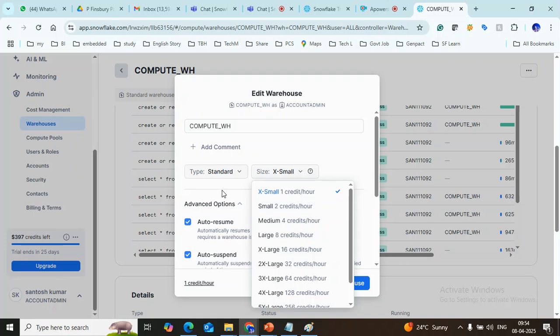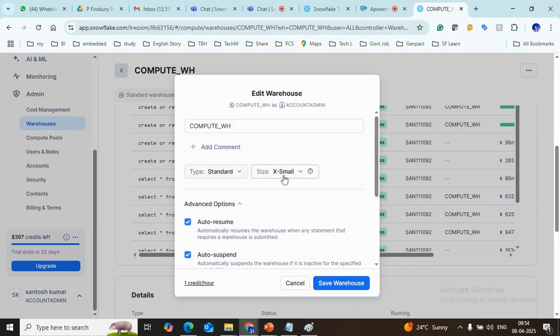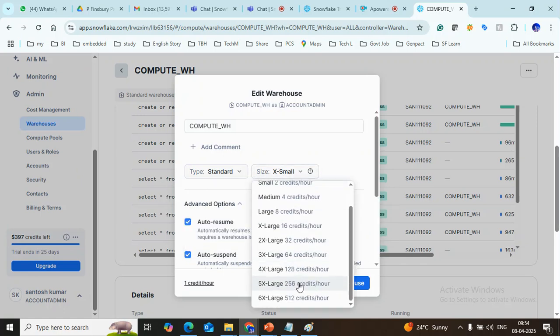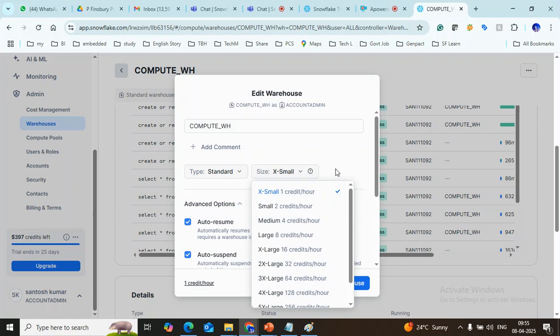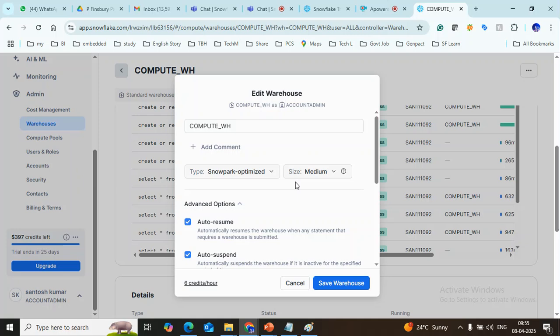Okay. So I mentioned there are two types of warehouses: standard and Snowpark optimized, and sizes range from extra small to 6XL. For Snowpark, if you see, it starts from medium, not from extra small or small. By default the minimum is medium, because it needs a very large warehouse to work.